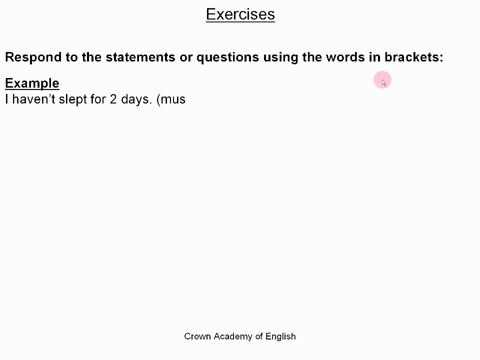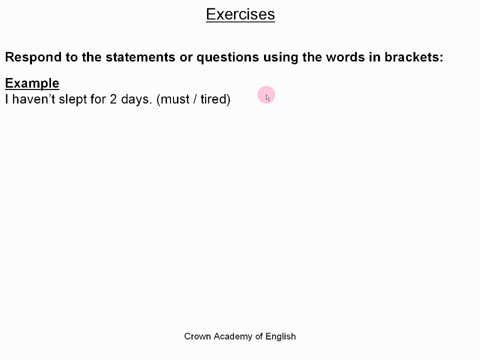Example: I haven't slept for 2 days. So that is the statement. The statement is I haven't slept for 2 days, and I want you to reply or to respond to that using these two words, must and tired.